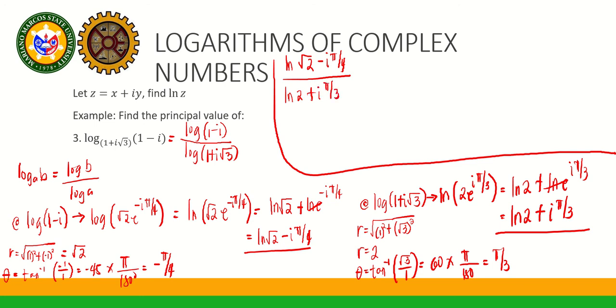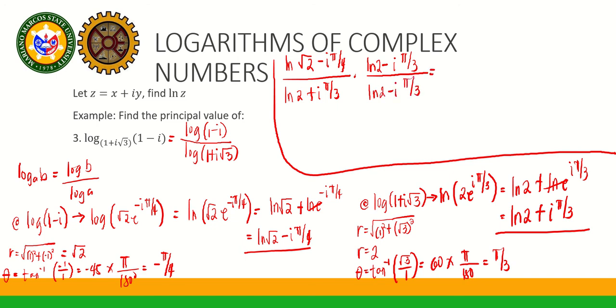Okay? So, what we do is to multiply its complex conjugate. So, ano ba yung complex conjugate ng denominator natin? So, palitan lang natin yung operation sa gitna. So, this will be equal to ln of 2 minus i pi over 3.